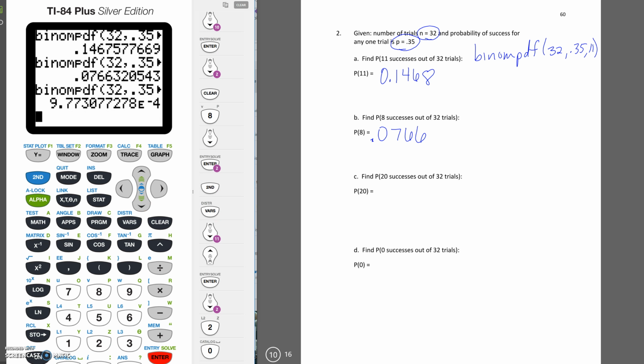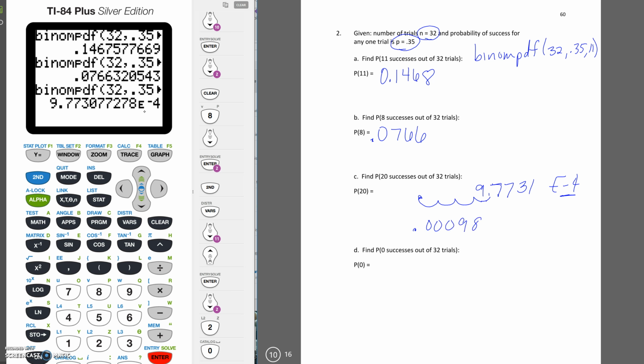Now, this is scientific notation. So this e to the negative 4, if we have 9.7731 e to the negative 4, this tells us we're going to move the decimal 4 places to the left: 1, 2, 3, 4. So it'll be 0.0009, say 8.